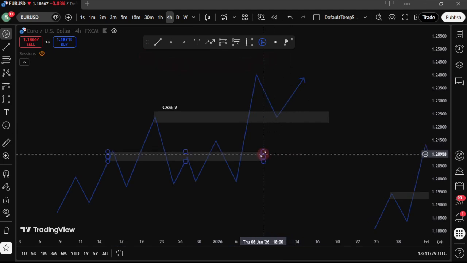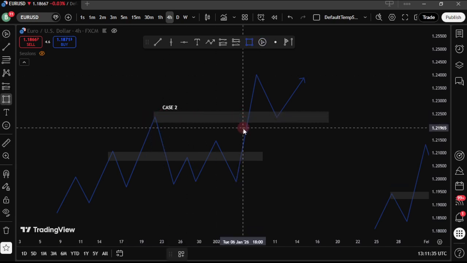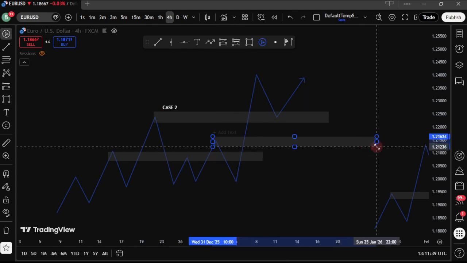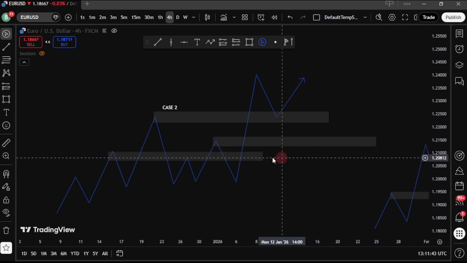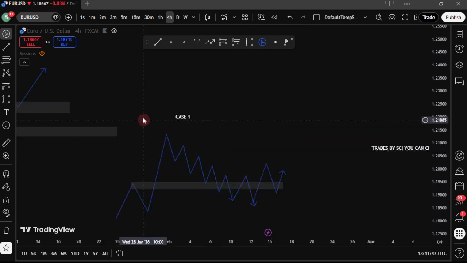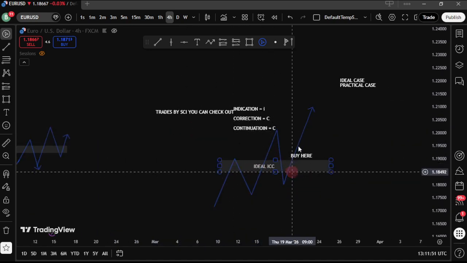Now, the most important thing over here is that you see, we came above this level making a new indication, but we also came above this level making a new indication. Now this is very tricky because people expect the indication to be made on just one level: indication, correction, and continuation.